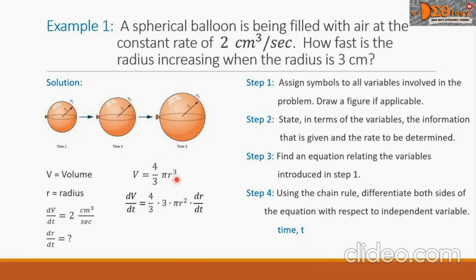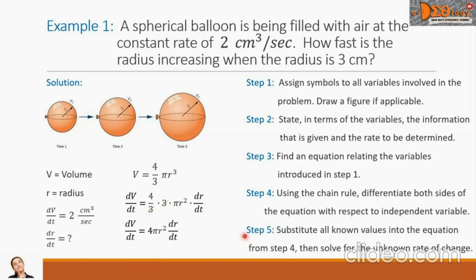So the r cubed now becomes 3 r squared and then multiplied by dr over dt. Of course, that pi is part of our answer here. Simplifying further, we can cancel this 3 and the denominator 3. Simplifying our formula now, we have dV over dt equals 4 pi r squared times dr over dt.